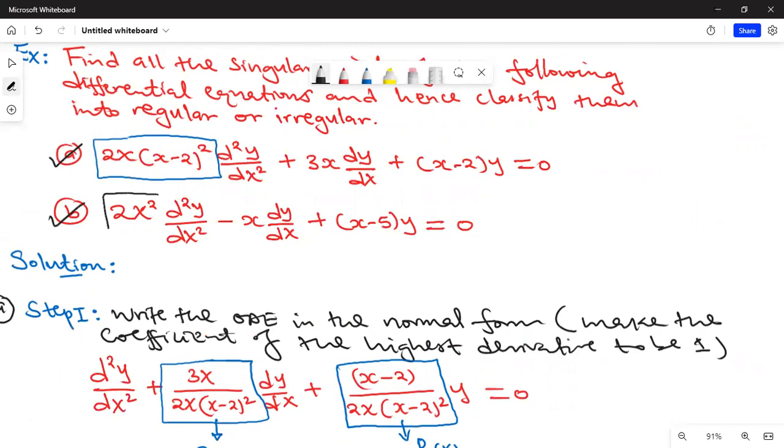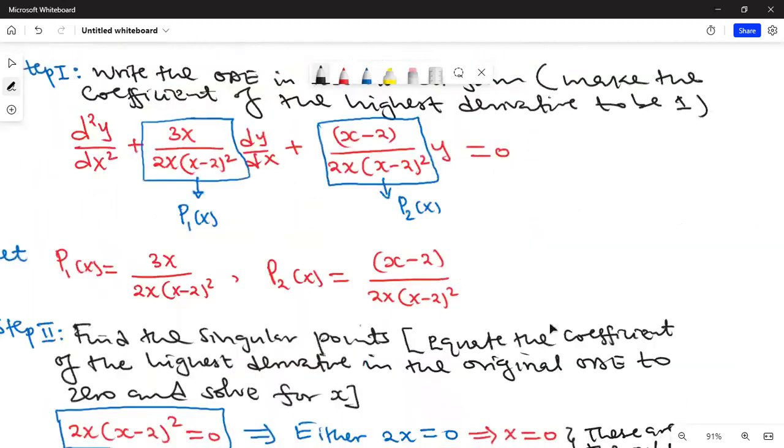So it is this coefficient that you need to divide through by, because you need to make the coefficient of d squared y over dx squared equal to 1. So I'm going to divide through by 2x squared.